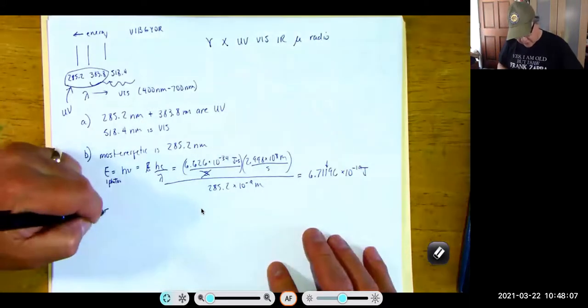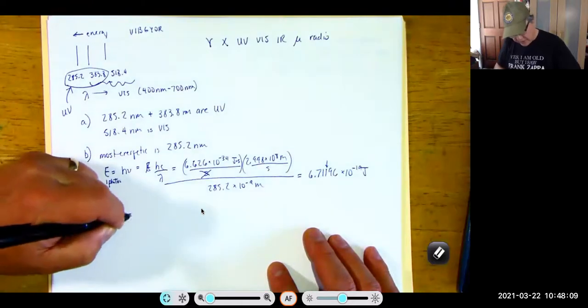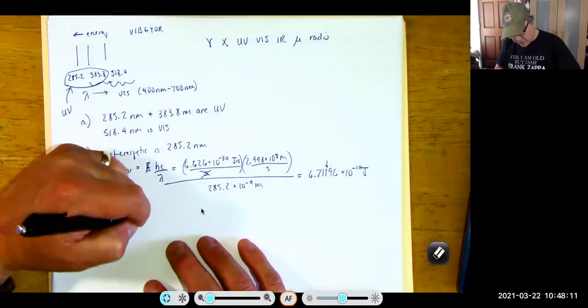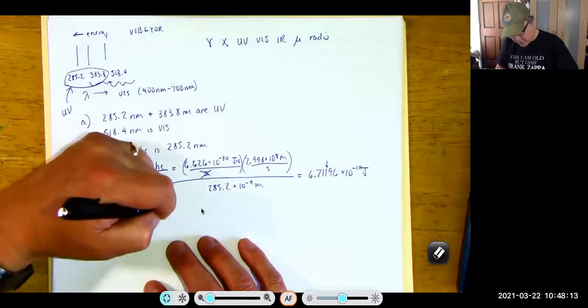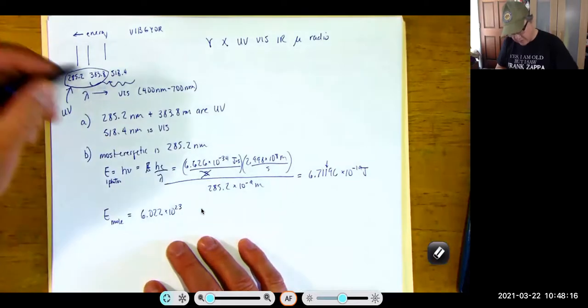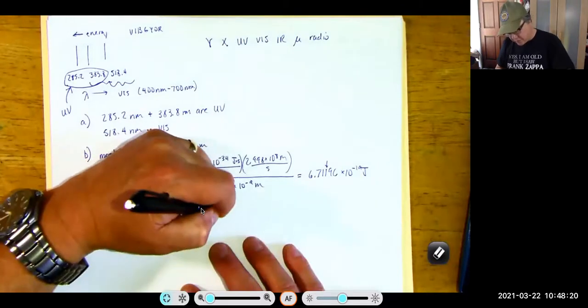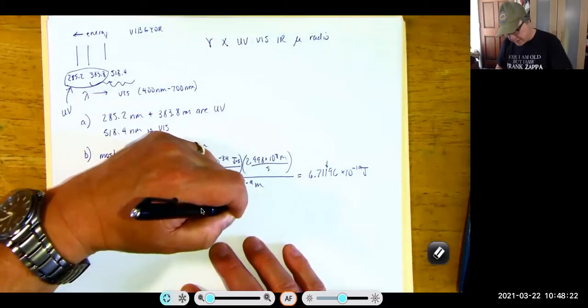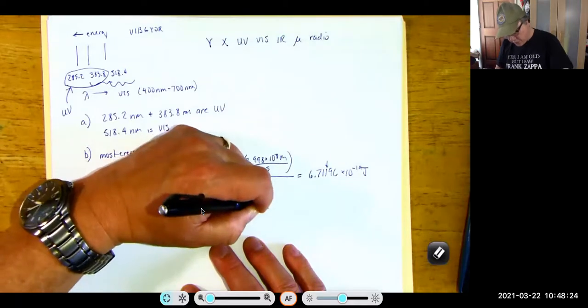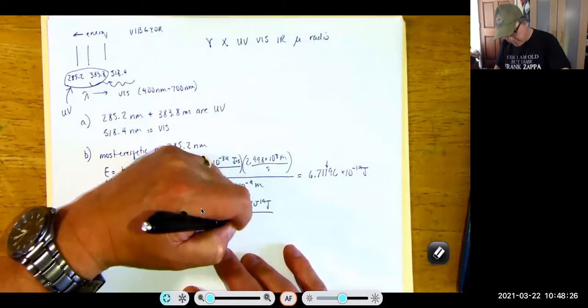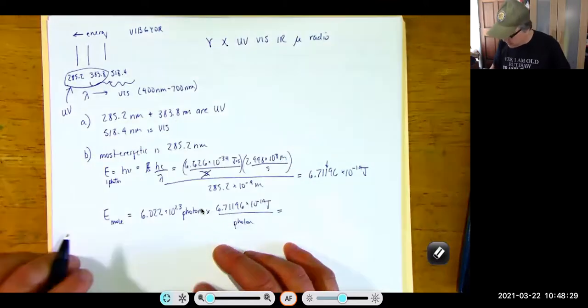So the energy of 1 mole is going to be 6.022 times 10 to the 23rd photons, because that's 1 mole, times 6.71196 times 10 to the minus 19 joules per 1 photon. And let's see what we get.